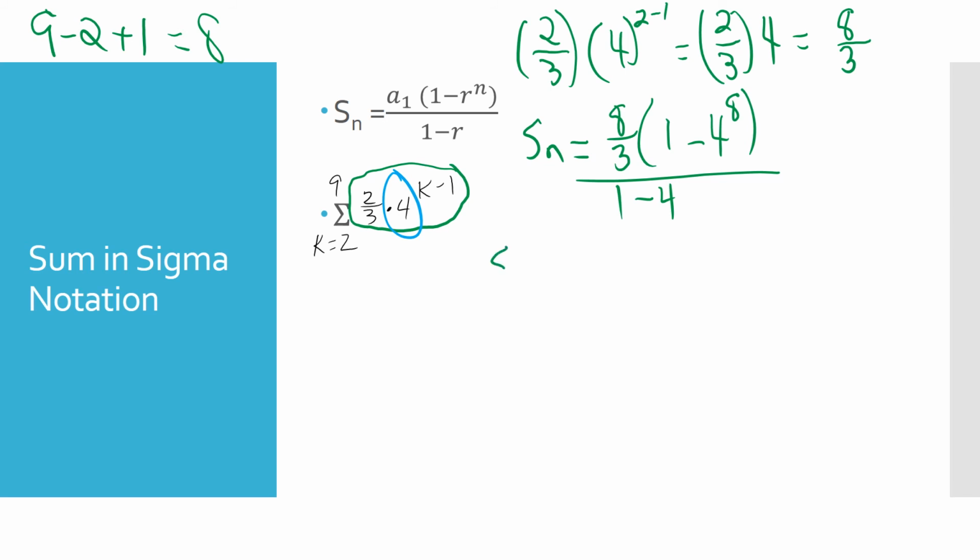All right, so let's see. Sn then is going to equal 8/3 times 1 minus, oh my goodness, 4 to the 8th power. That's got to be a hideous number. 4 caret 8. Well, it wasn't as bad as I thought. 65,536. Bad enough, isn't it?